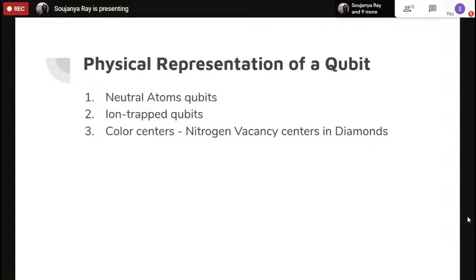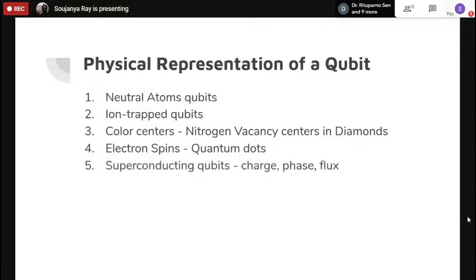And then you have electron spins. Now, electron spin is also a very good candidate for representing a qubit. When you have a positive spin, you may call that 1. If you have a negative spin, you may call that qubit 0, or vice versa. But electron spin is a good candidate for physically representing a qubit. And then you have superconducting qubits.